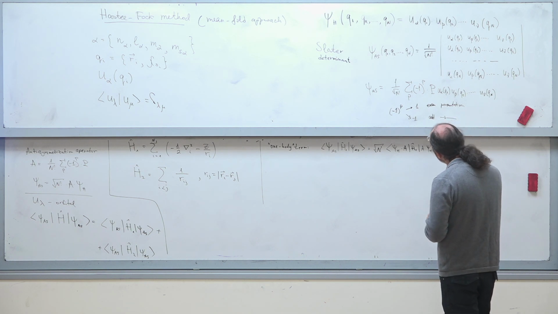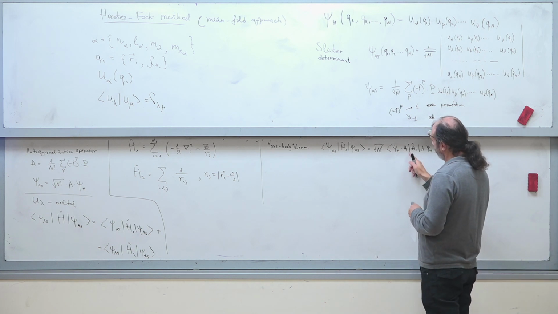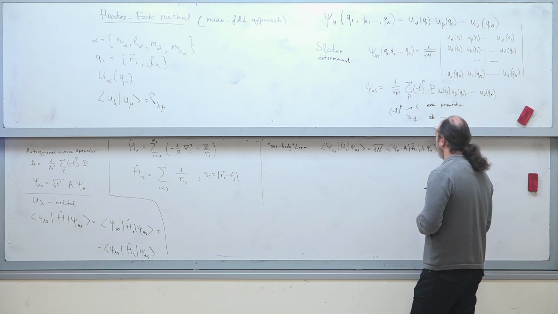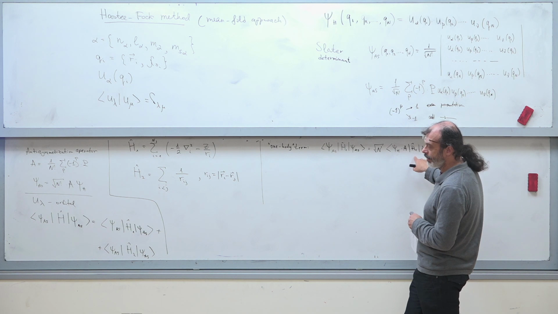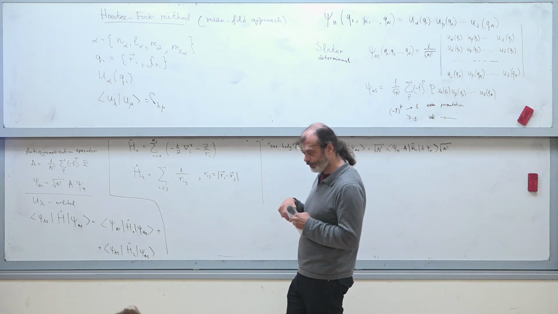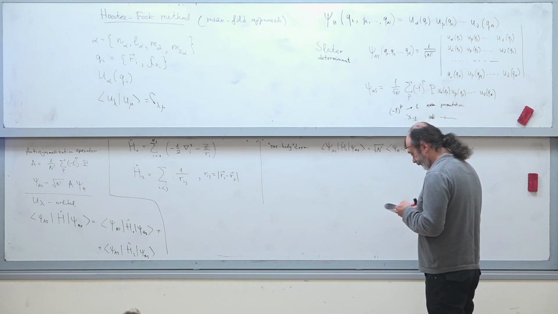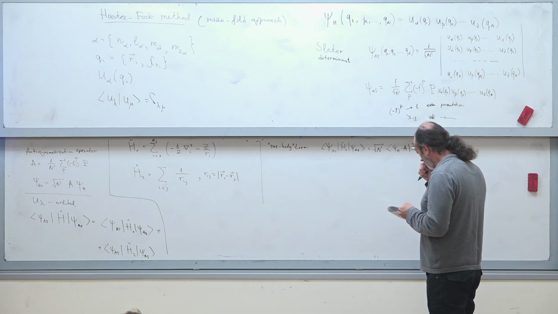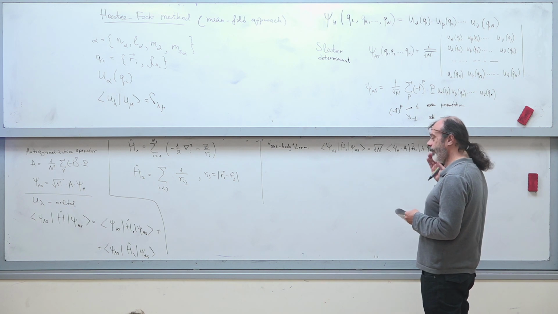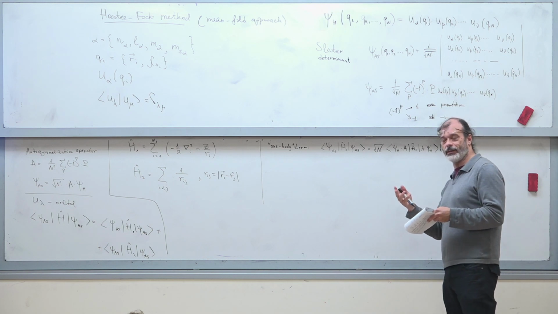So now what we know is that this operator essentially commutes with the Hamiltonian. That's something you can understand because the Hamiltonian is invariant toward the exchange between the electrons.